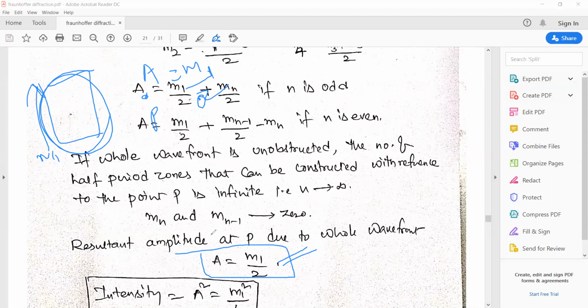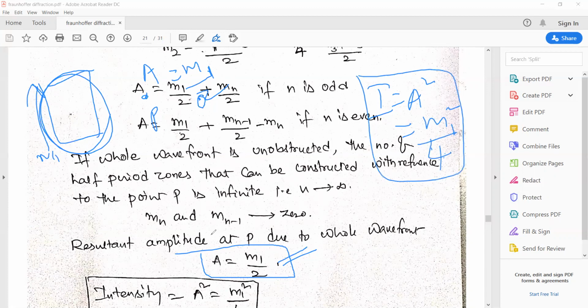If you know the amplitude, you will find the intensity, the square of the amplitude, that means M1 square by 4. This is what I have derived till now: the radius, the area of the Fresnel zones, and the amplitude at point P due to the whole wavefront, which is M1 by 2. Only the first zone gives the major contribution to the intensity.